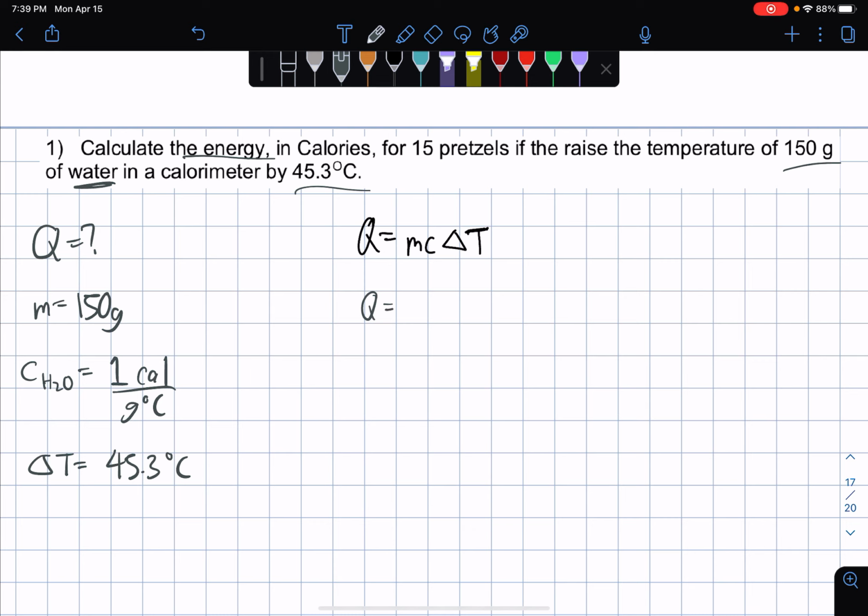Let's solve. So 150 grams times... Hang on. Before I proceed, how do you know that this temperature is not the final temperature? Well, as simple as the question is, it's very short.